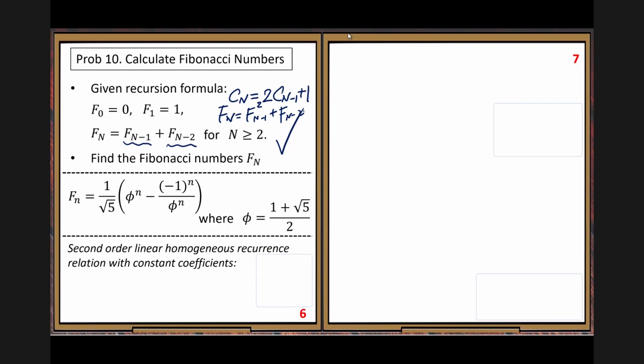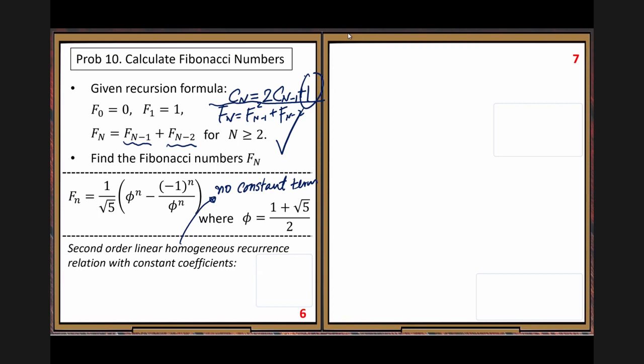Another property is homogeneous. That means no constant term. If you look at our Tower of Hanoi problem, there is a constant term, the plus 1. If you have a constant term, it is a little harder to solve.